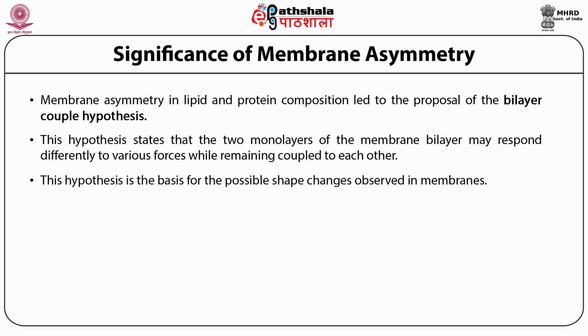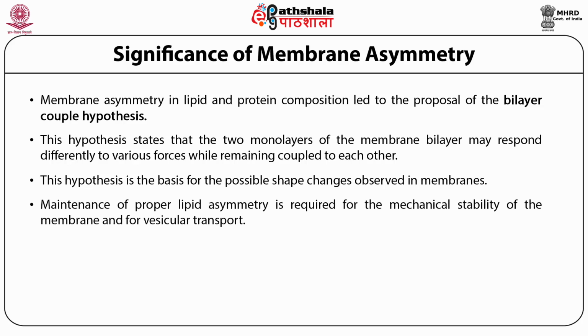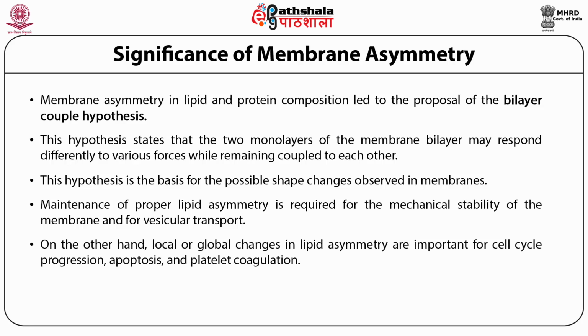This hypothesis is the basis for possible shape changes observed in the membrane. Maintenance of proper lipid asymmetry is required for mechanical stability of the membrane and for vesicular transport. On the other hand, local or global changes in lipid asymmetry are important for cell cycle progression, apoptosis, and platelet coagulation.